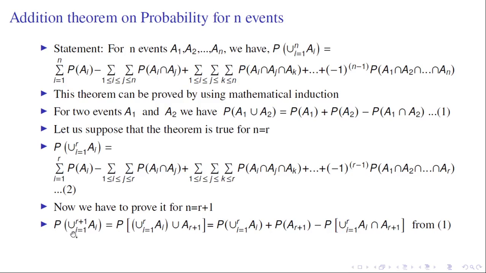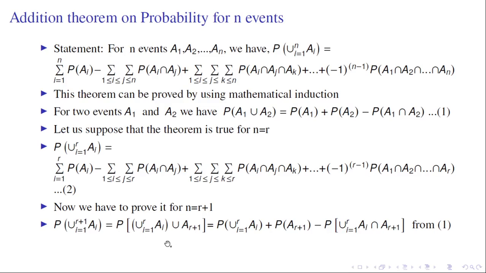Probability of union i equal to 1 to r plus 1 Ai is equal to, we know that this is union i equal to 1 to r Ai, union A r plus 1. Again this is A1 and A2, a union of 2 terms.